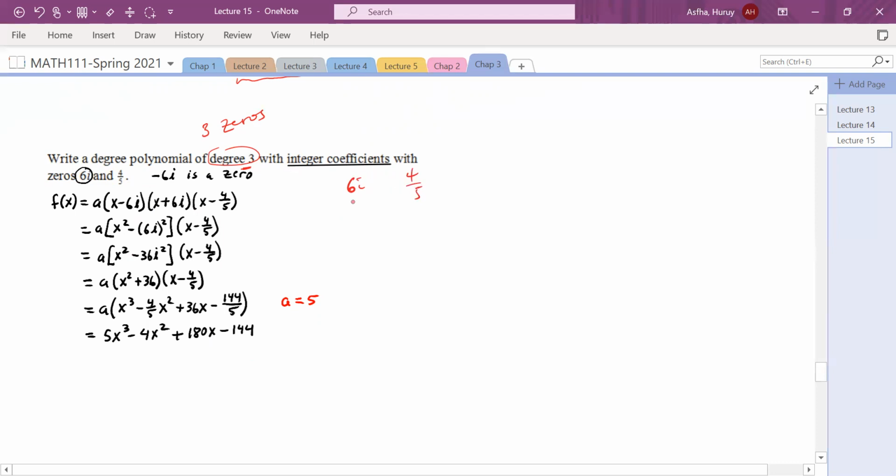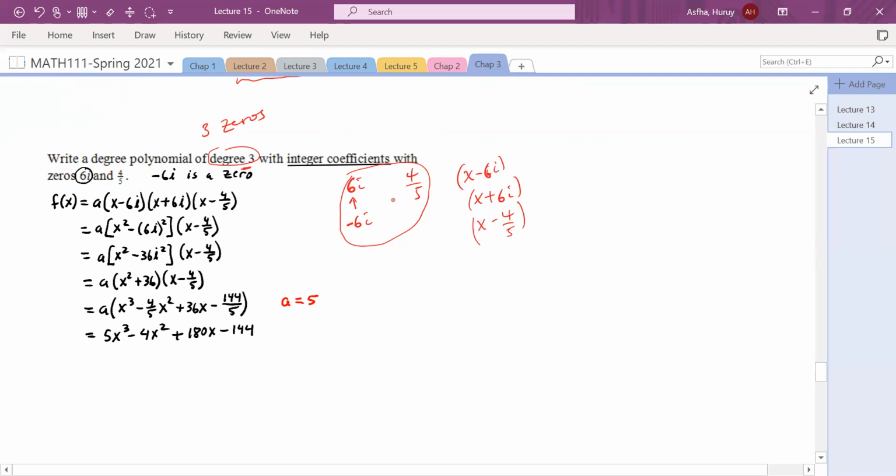Since 6i is a 0, then its conjugate, which is minus 6i, is also a 0 of the polynomial. Therefore, we know all 3 of the zeros, and the corresponding linear factors are x minus 6i, x plus 6i, and x minus 4/5.